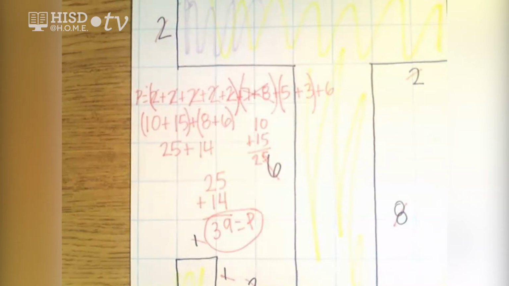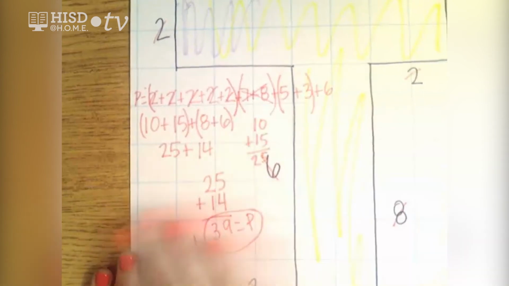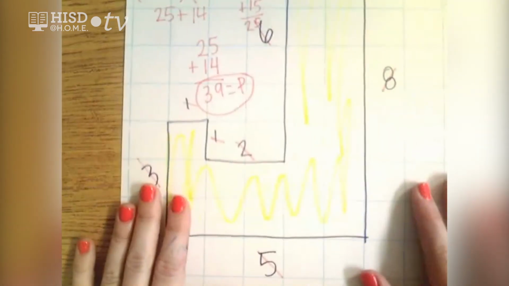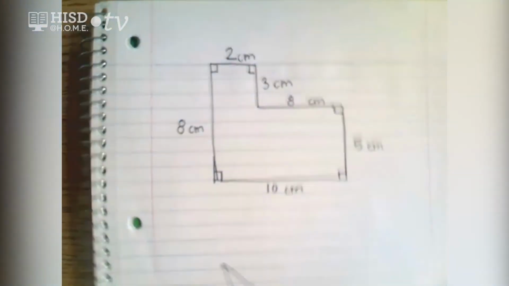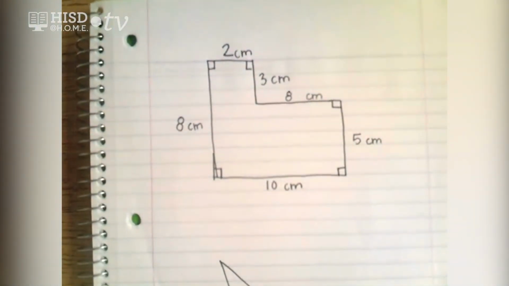All right, we're going to do some more practice problems. This time we're going to take the grids away and just give you guys the numbers. So here's our first one. It's kind of similar to what we just did, but this time we don't have the grids.